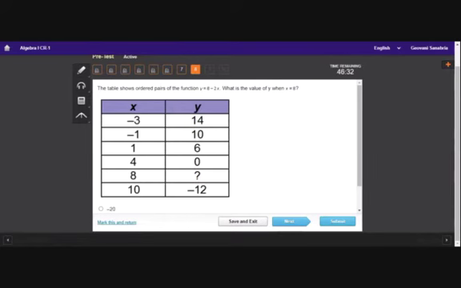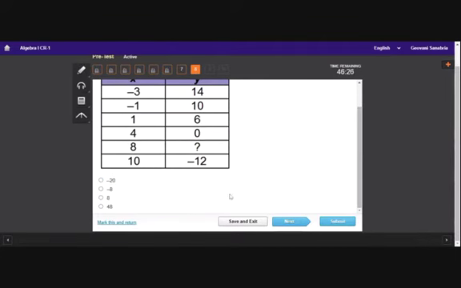Here, scroll down to the answers. It's negative 8. I think this will be really simple. So just click the negative 8 and then save and exit.